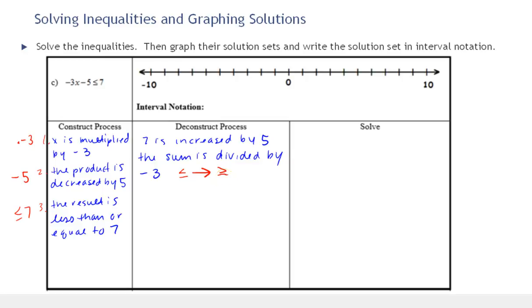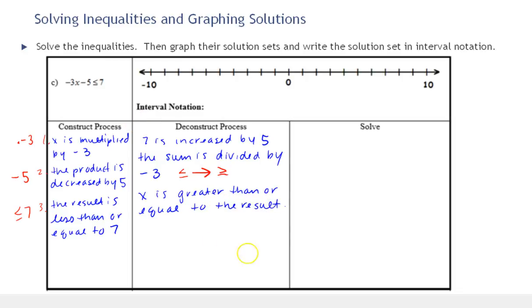And then the last step we have the x, always start with x, is, now instead of doing less than or equal, I'm going to write greater than or equal to because of this switch. So x is greater than or equal to the result.